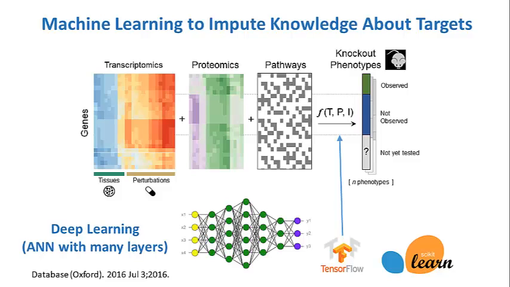And because those experiments are very expensive, it might be useful for us to know which ones we should prioritize. This is just one example of how you can take all of this processed data that I showed you and apply machine learning to make predictions and prioritize your next set of experiments.